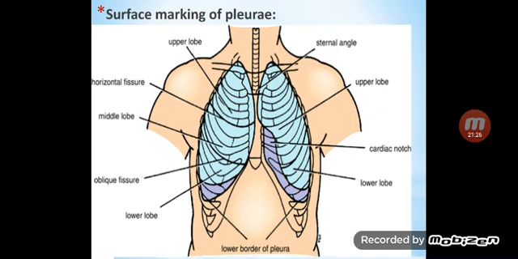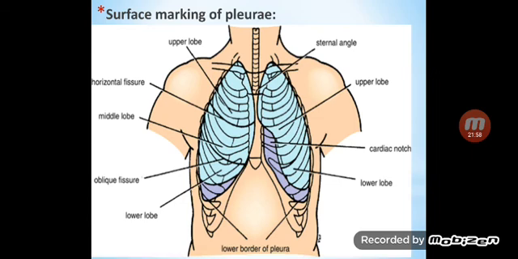It crosses the 8th rib at the midclavicular line, the 10th rib at the mid-axillary line, and the 12th rib just adjacent to the vertebral column. For easy memorization: 8, 10, 12, in sequence. So the inferior border in the right and left lung is the same.